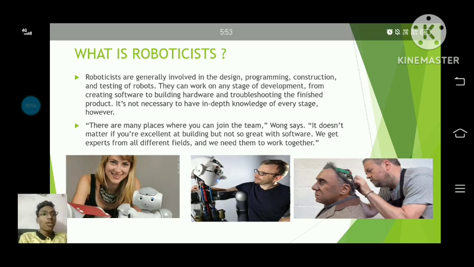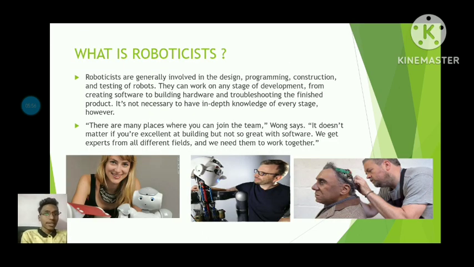Okay, now see what is robotics. Roboticists are generally involved in the design, programming, construction, and testing of robots. They can work on any stage of development, from creating software to building hardware and troubleshooting the finished product.